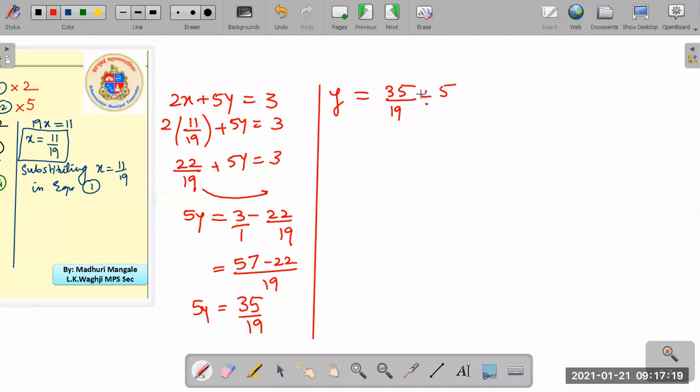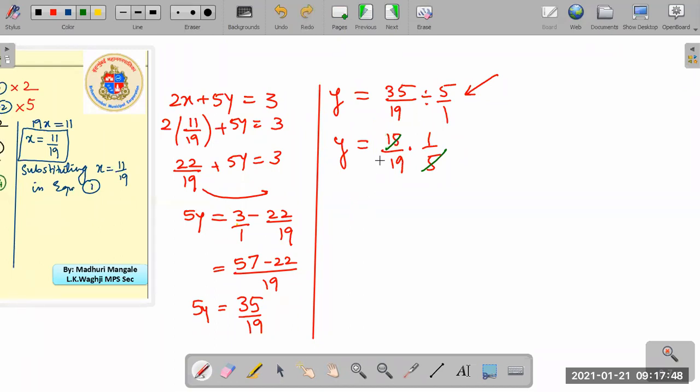When we are dividing fractions, we convert the division to multiplication and flip the second fraction. So 5 upon 1 will become 1 upon 5. And then we cross out the common factors. Oh, sorry, that was 35 over here.